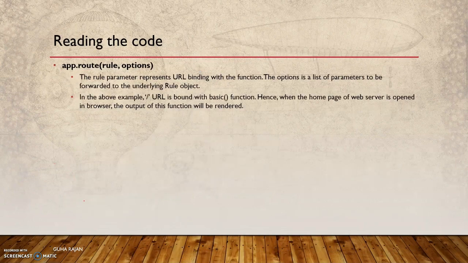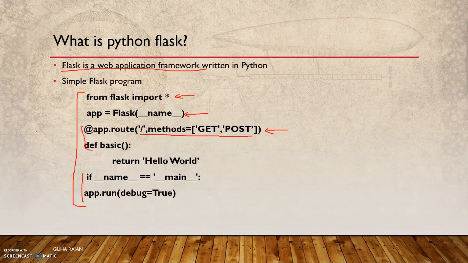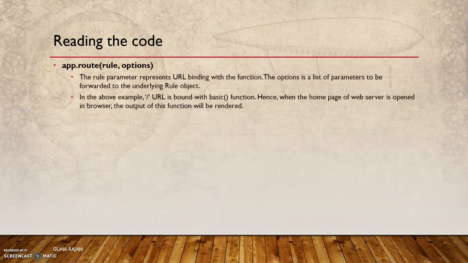Reading the code, the app route is generally called with rule and options. The rule parameter represents the URL binding, and the options are the list of parameters to be forwarded to the underlying rule object. In this example, we'll be using just a slash. We will not be providing a separate URL, because we'll be using the local machine.